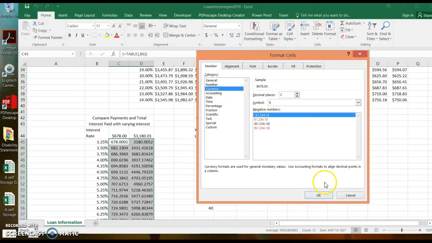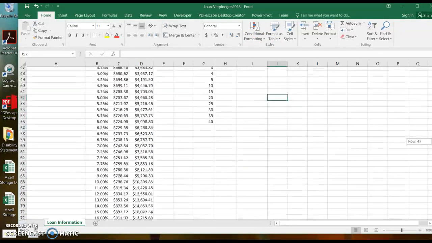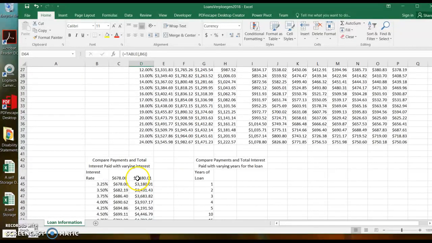Currency, and so now you'll see that that same loan, if it went up to 8% interest, you're now paying a total of $8,000 in interest. So the payment might not look that much worse, although it's almost $200 more. But that total interest has more than doubled. So that gets pretty high pretty quick.